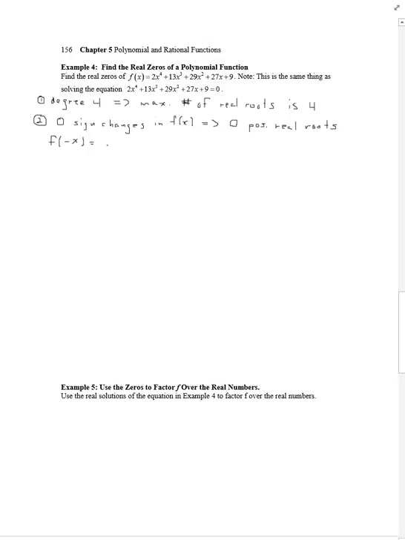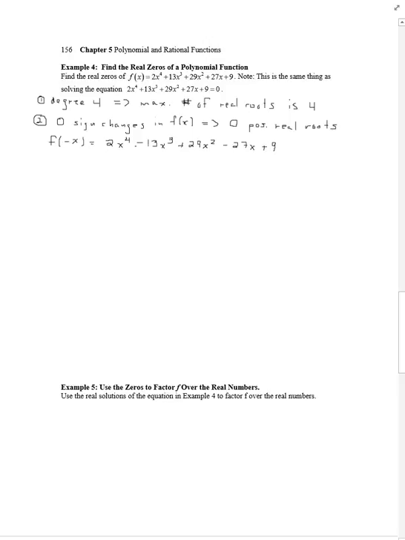Okay, you guys can work this out yourself. I'm going to go through it quickly. So we have 2x to the 4th minus 13x cubed plus 29x squared minus 27x plus 9.